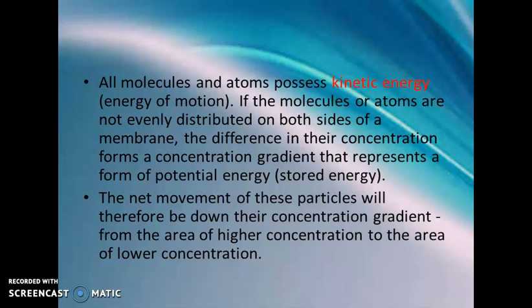So what does this create? A concentration gradient will be created due to the difference in concentration between the inner and outer layer of the bacterial cell. And this concentration gradient represents a form of energy which is known as potential energy. It is also known as stored energy.